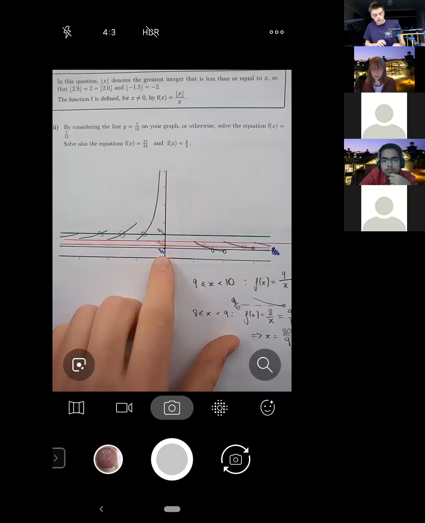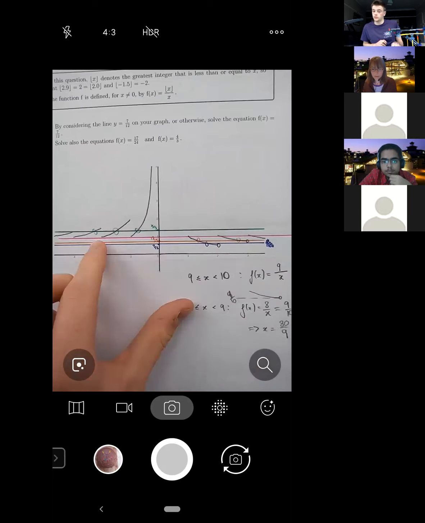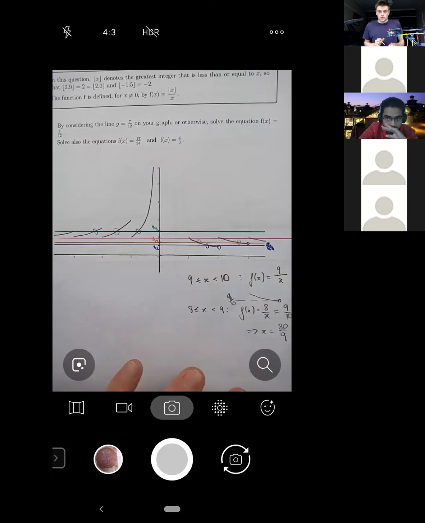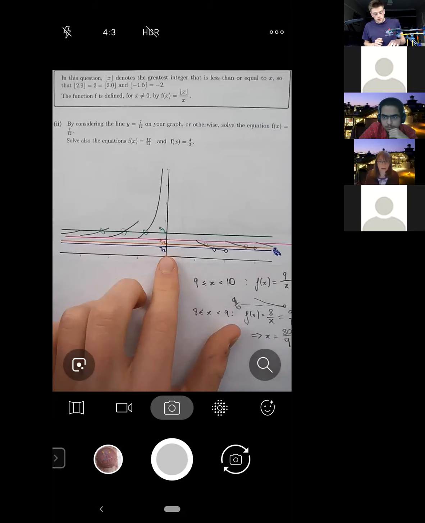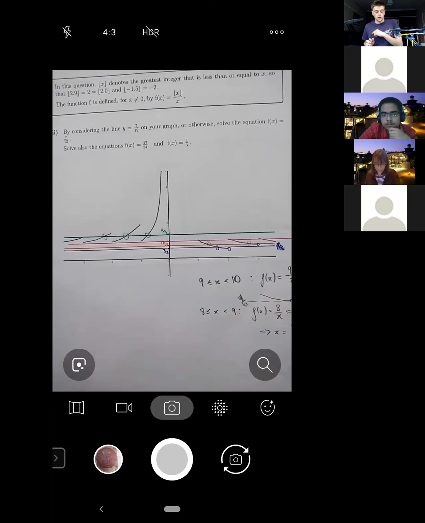Oh, and c equals 1 isn't helpful either because we've also got infinitely many solutions at all the integers except 0. So let's look at what we need for one solution on the right-hand side.